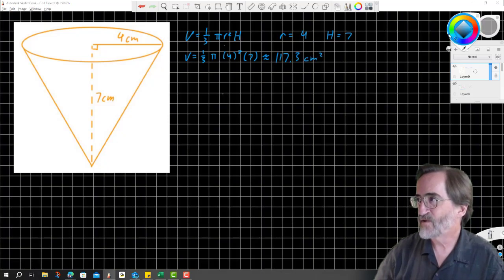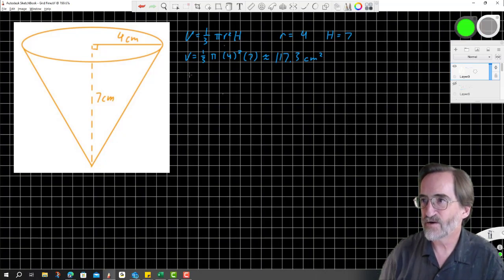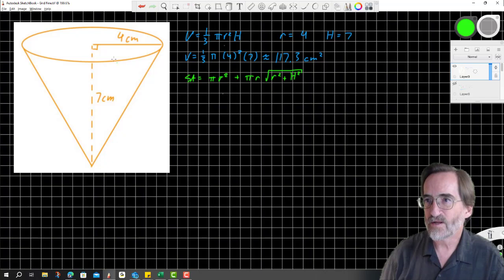Okay, then we're asked to find the surface area. Let's find the surface area. The formula for the surface area is the area of the circle, pi r squared, plus the lateral area, which is pi r l, where l is the slant height. Another way to think of this is l is the square root of the radius squared plus the height squared, because we're looking at this right triangle and we're using the Pythagorean theorem.